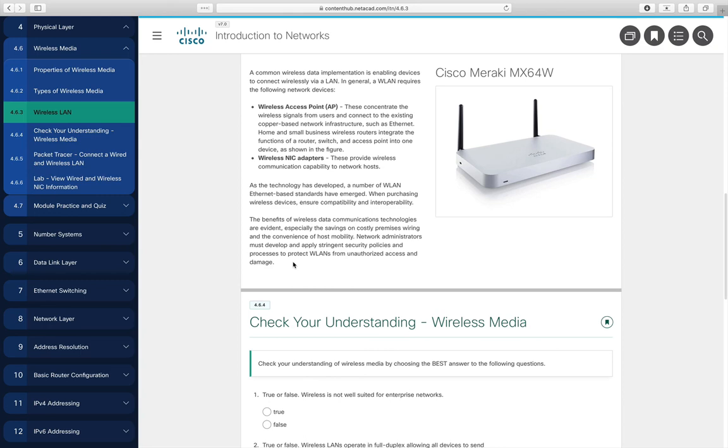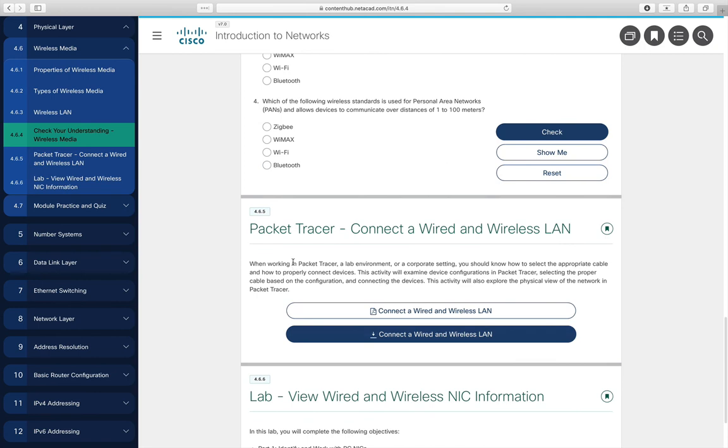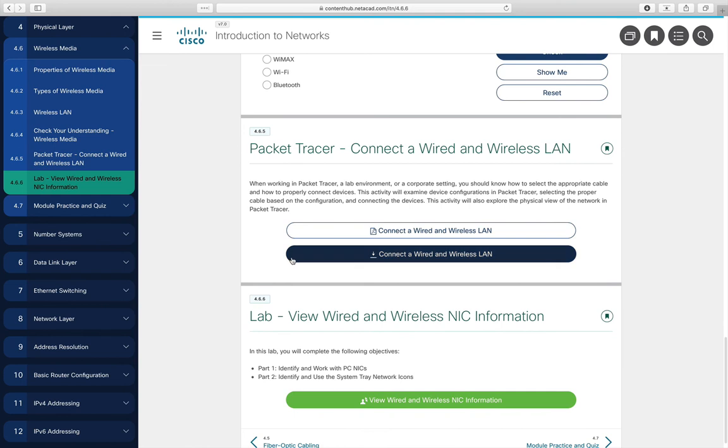464 is a check your understanding. You can do that on your own. 465 is a Packet Tracer activity about connecting to a wired and wireless LAN. I am going to assign this Packet Tracer activity, so watch for it to appear in Blackboard in the near future. 466 is a lab about viewing wireless and wired NIC information.